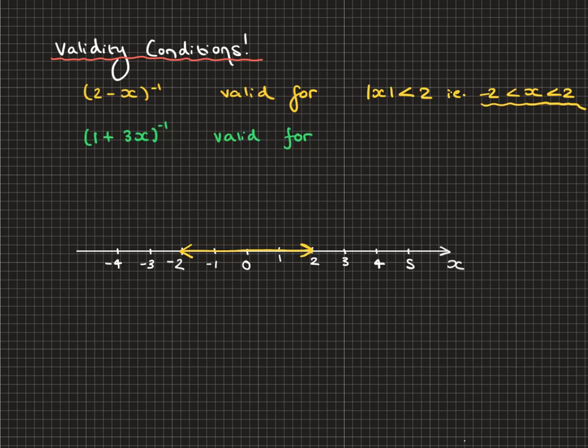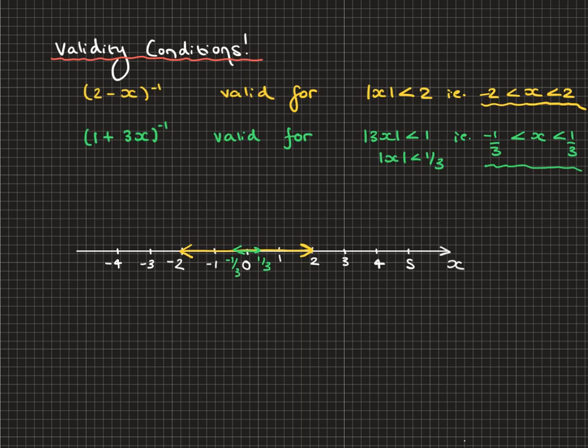Now, the second expansion is valid for mod 3x less than 1, which of course is mod x less than a third, which means that x lies between negative a third and a third. And I'm going to illustrate that on here as well, which is about here. Now, how do we then choose the overall validity condition?